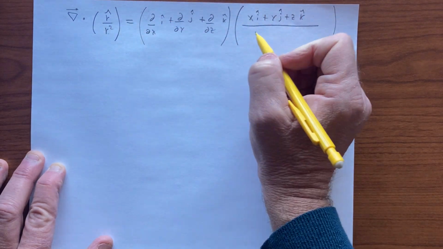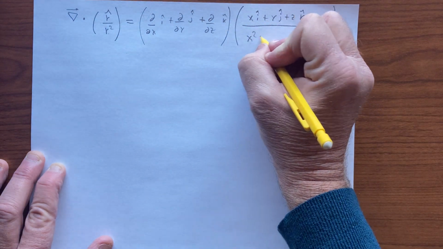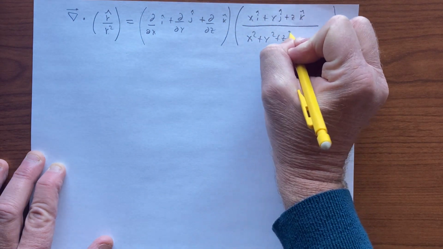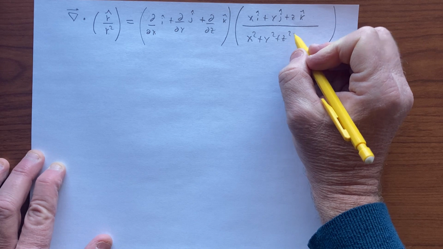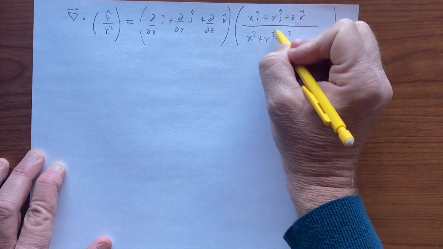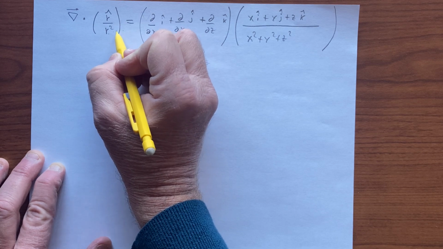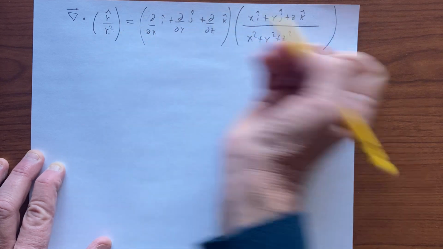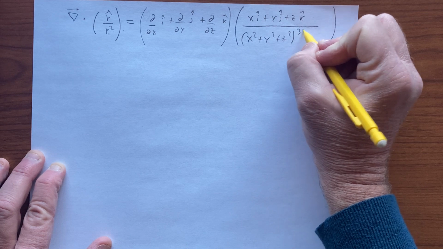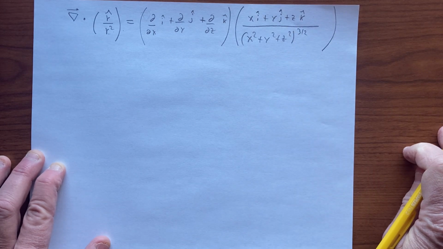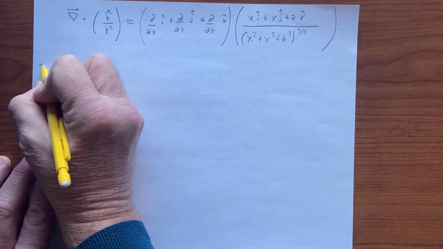So we need an r cubed here, and so this becomes x squared plus y squared plus z squared, not to the 1, but to the 3 halves, because we have x squared plus y squared plus z squared times r, and r is just x squared plus y squared plus z squared to the 1 half. So here we have a 3 halves.